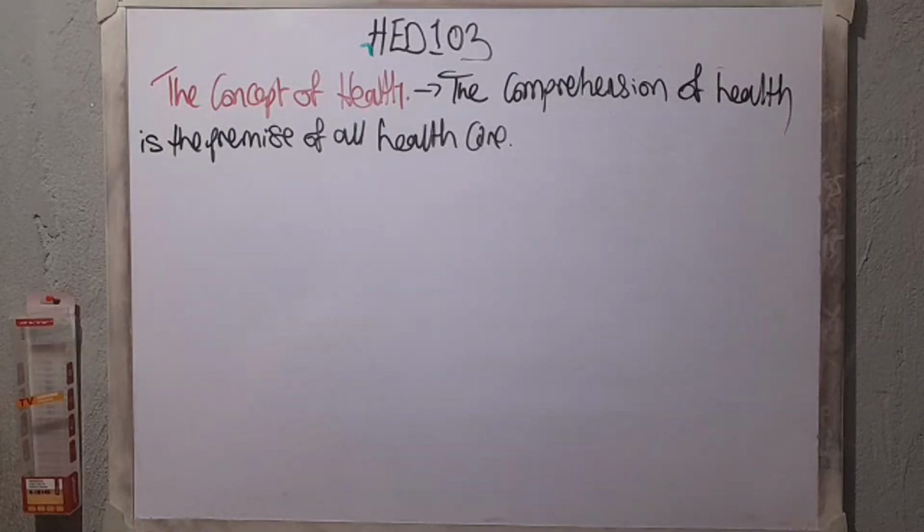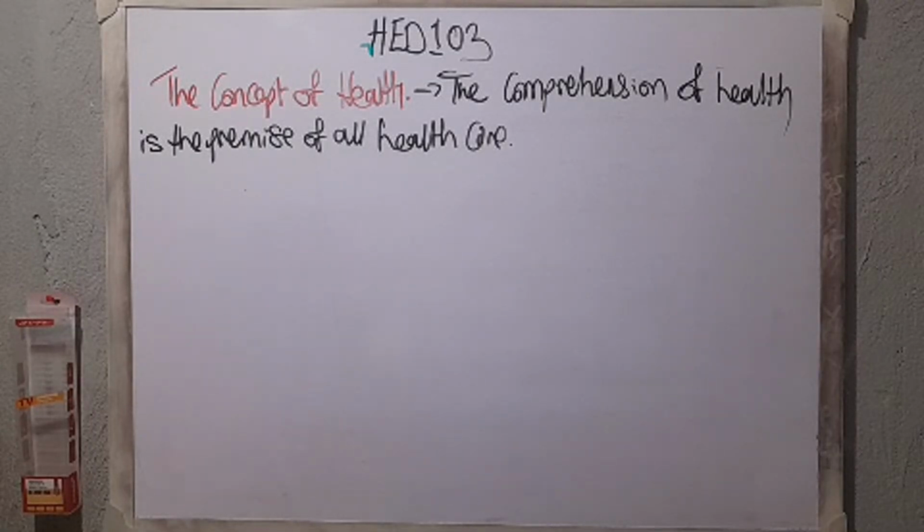Finally, health is considered as an absence of disease or diseases. And if a person is free from disease, then that individual is considered healthy. That is a very primitive way of thinking, a very limited way of thinking about health.